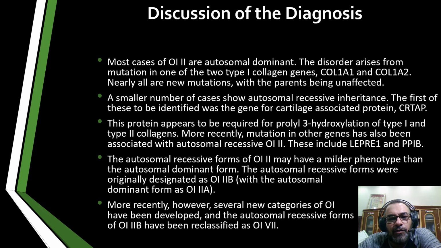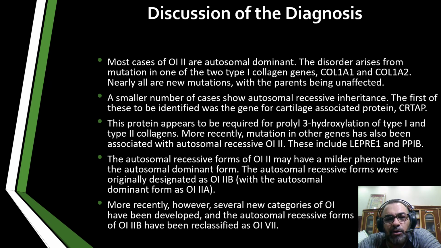Most cases of osteogenesis imperfecta type 2 or OI2 are autosomal dominant. The disorder arises from mutation in one of the two type 1 collagen genes, COL1A1 and COL1A2. Nearly all are new mutations, with the parents being unaffected.